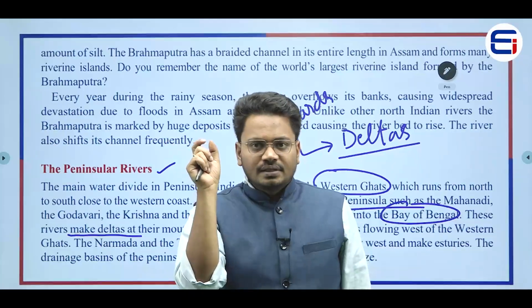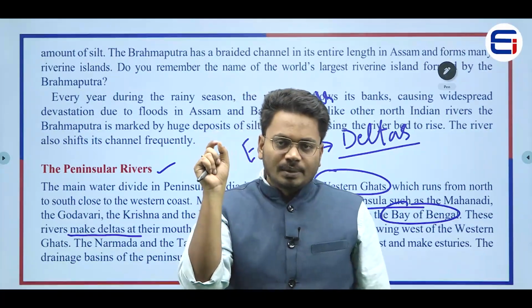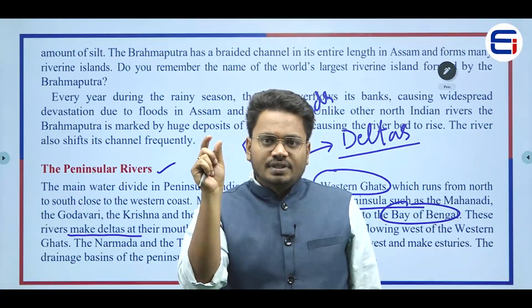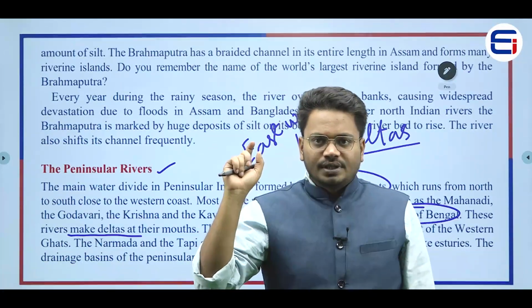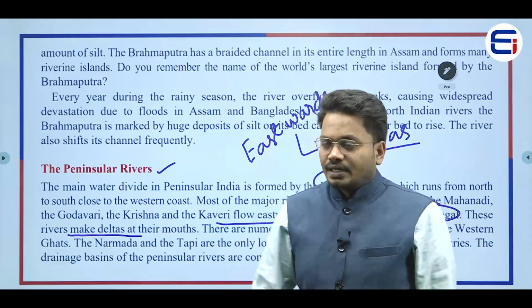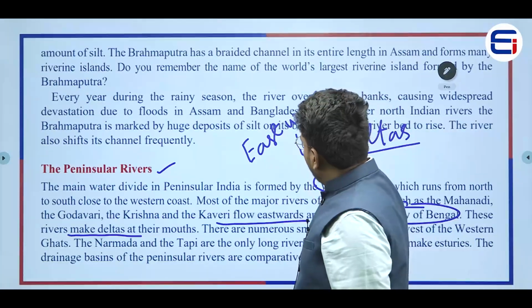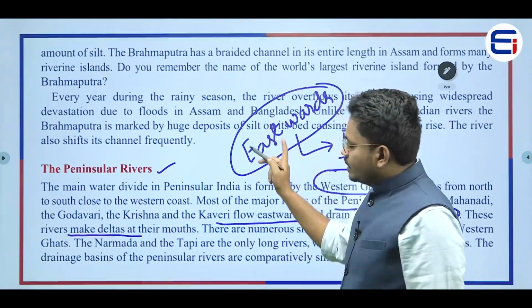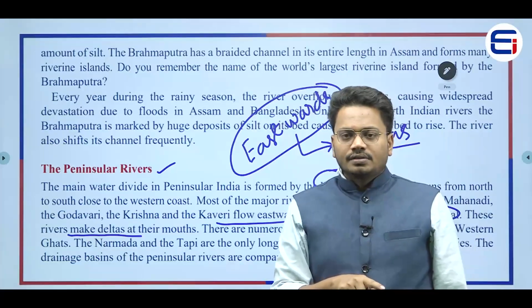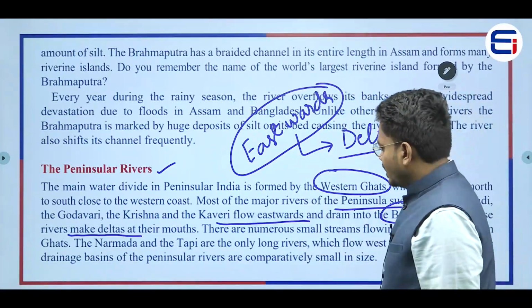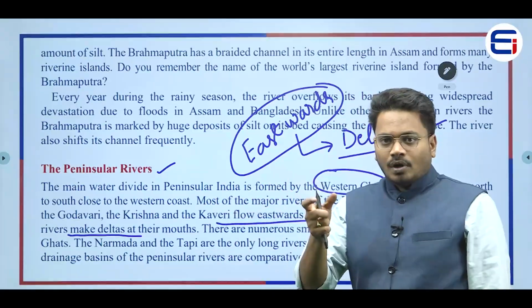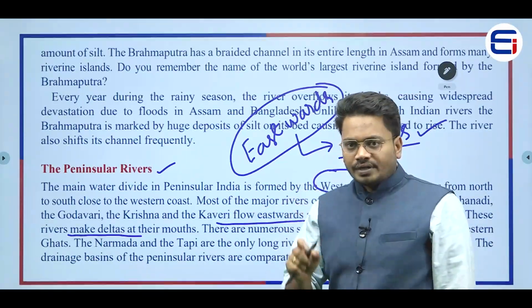Again, we have seen that deltas are formed because of the depositional activity of the river. All the sediments get deposited at that place, right. So the rivers flowing eastwards, which originate from the Western Ghats, form these deltas near the coastal regions or near the mouth of the confluence.